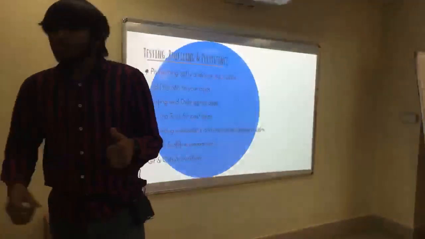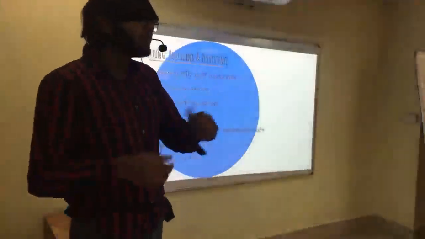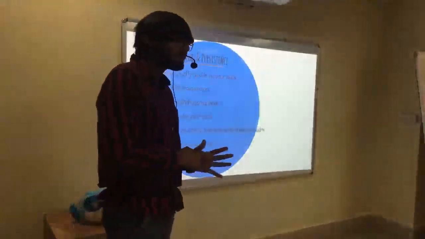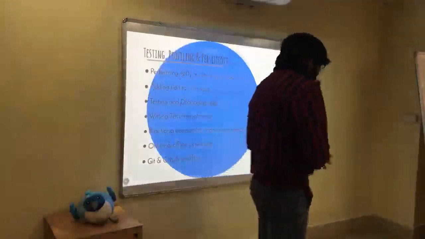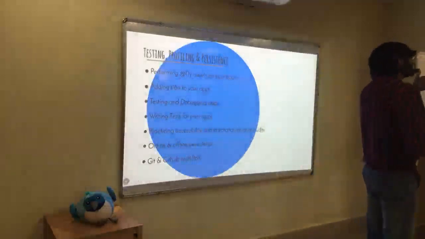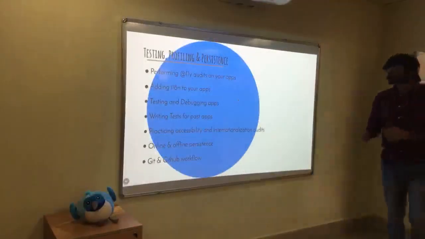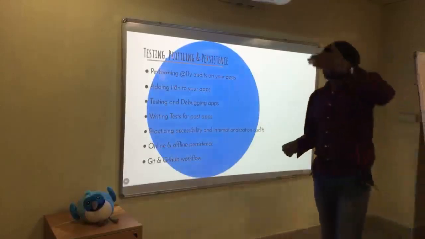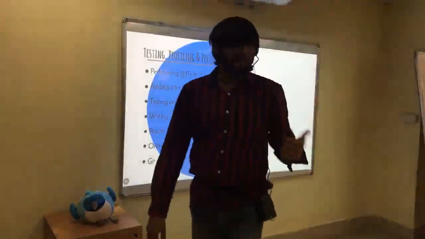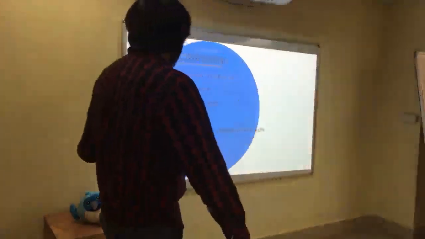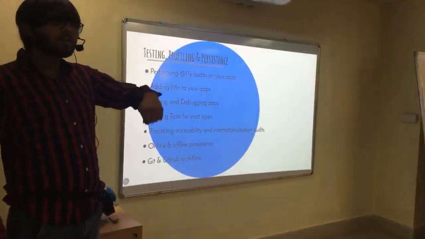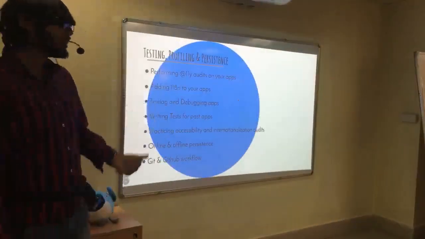Also, you won't work alone most of the time. In a team, you will build your code in a separate branch, and the head of the team will merge your code so he doesn't get any conflicts. You need to learn GitHub also.